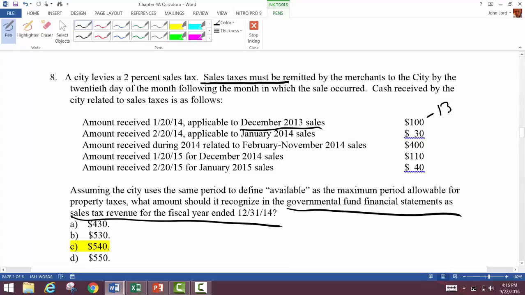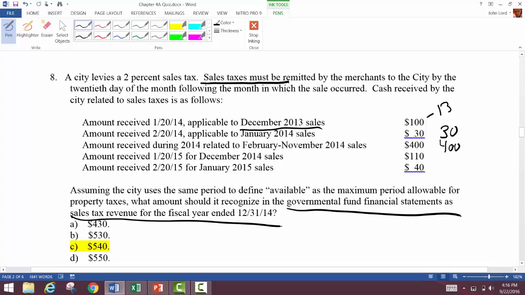Amount received in 2014 applicable to January 2014 sales. Is that 14 money? Yes, it is, so I'm going to grab that one. Now, amounts received during 2014 related to February through November 2014 sales. Well, that's clearly 2014 money. I don't even have to hardly think on that one.